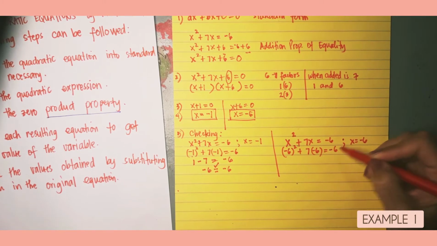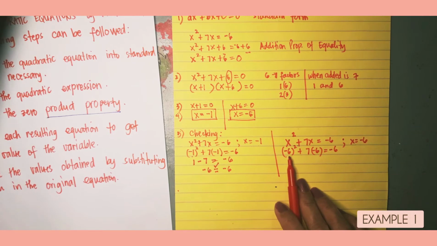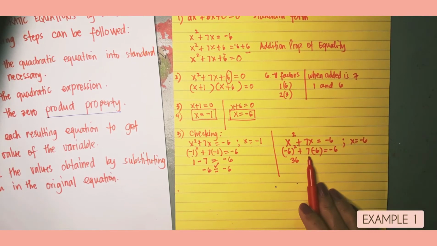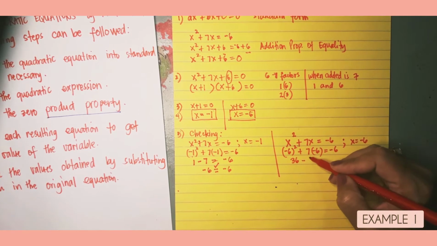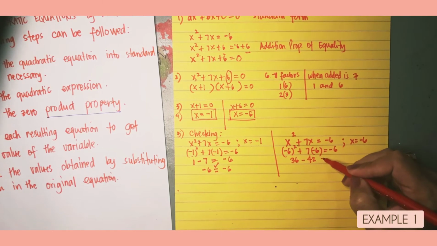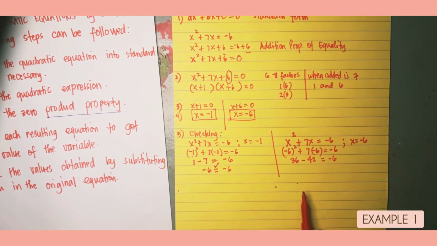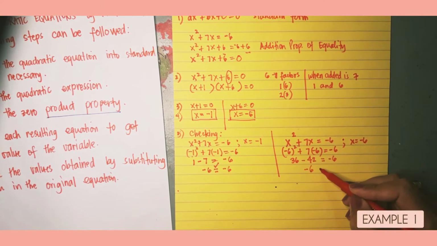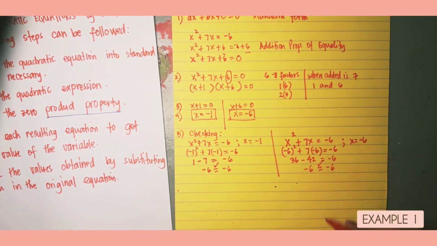equals negative 6. When you square negative 6, that is 36. 7 times negative 6 is negative 42 equals negative 6. So 36 minus 42 is equal to negative 6, and it is actually equal to the negative 6. Therefore, it is also correct.